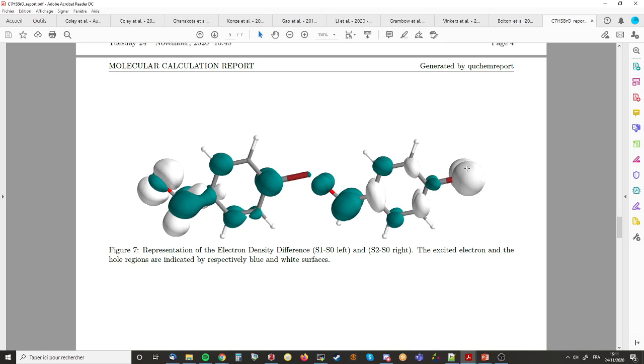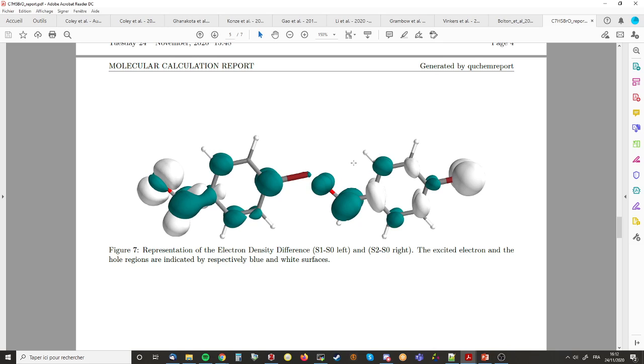You see that the barycenter of the negative of the hole is around here, and the barycenter of the excited electron is around here. So you have created a dipolar moment. You have a charge transfer, so this is good. And it is in the same pi orbital, so you have some overlap between the atoms. You have quite a lot of overlap and a charge transfer.